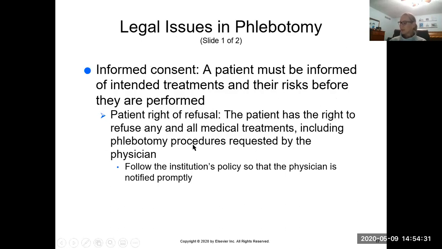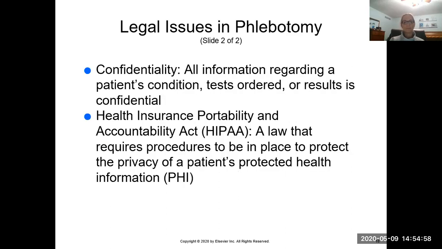What does informed consent mean? A patient must be informed of what's going to happen to them. They need to know what the treatment is and what the risks are. Patient's right of refusal: the patient has the right to refuse any medical treatment, including phlebotomy. If the patient refuses, you're going to let the physician know, but you follow the institution's policies.